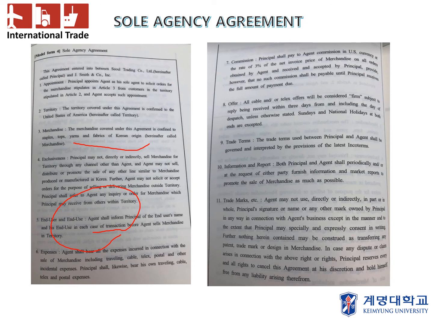So you have the trademarks, information and report, and the trade terms. They use the latest Incoterms. So if the transaction is in 2020, they're going to use the 2020 terms. Then the offering and the commission.